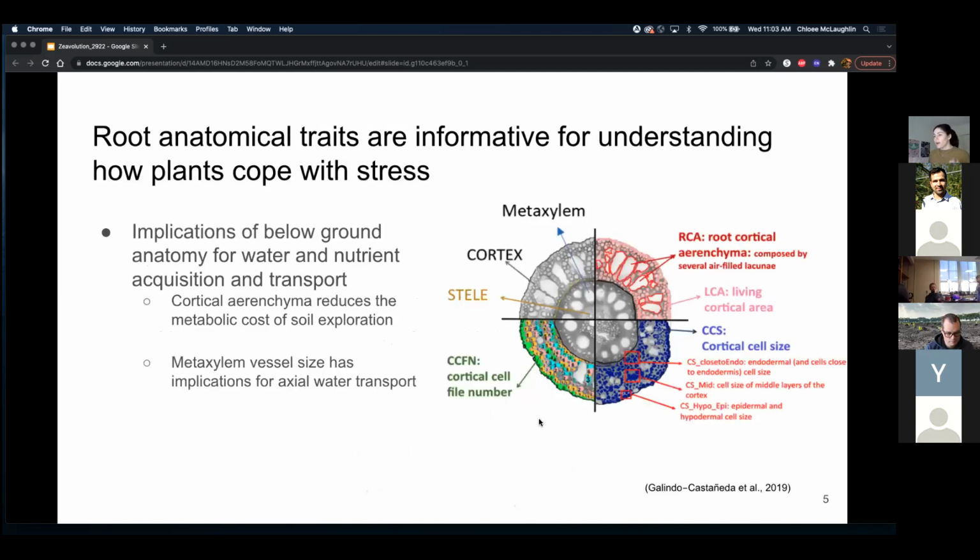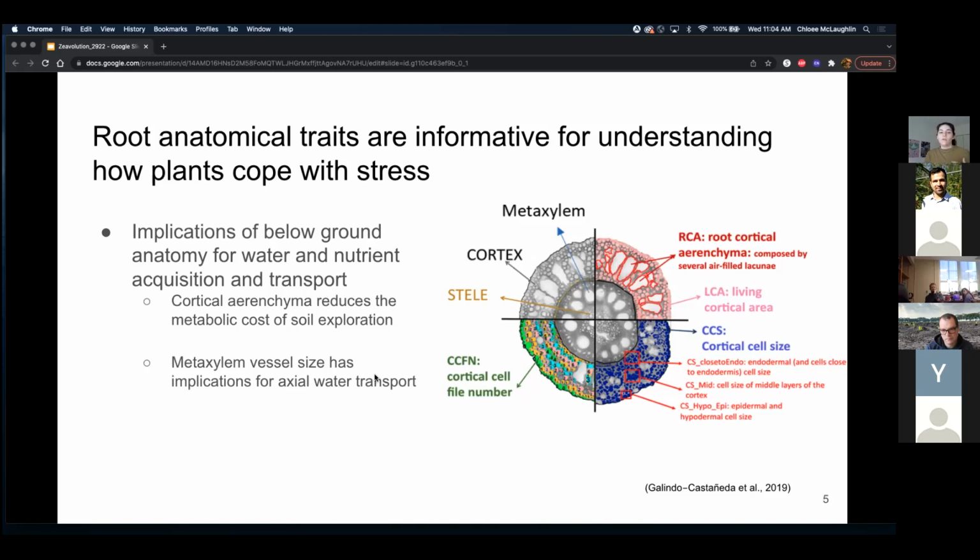Beyond root architecture, aspects of root anatomy can be really informative for understanding how plants are coping with stress. Let me introduce a couple of anatomical features we'll later discuss. Root cortical parenchyma, or these huge air spaces seen in the cortex, reduce the metabolic cost of soil exploration for roots, and are thought to contribute to drought tolerance and improve nutrient acquisition in low nutrient soils.